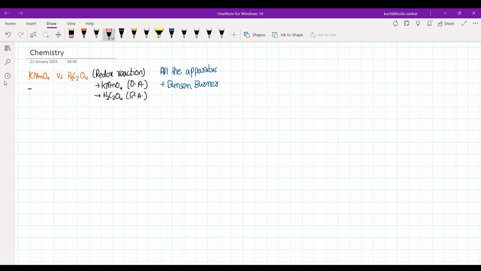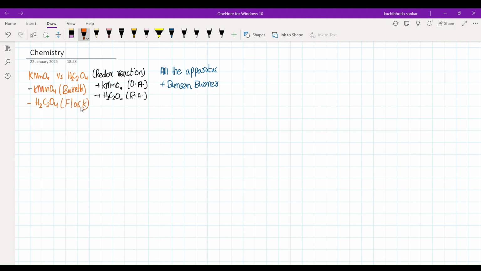So now let's look at the procedure. First of all you are going to wash it. Those are the normal things that you will write. The KMnO4 is taken in the burette. Just imagine the burette as a long syringe type thing, and the H2C2O4 is taken in the conical flask.